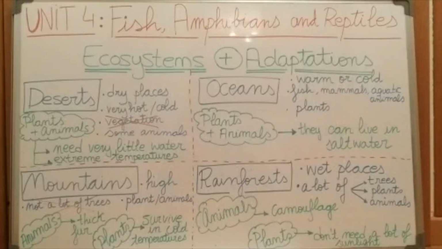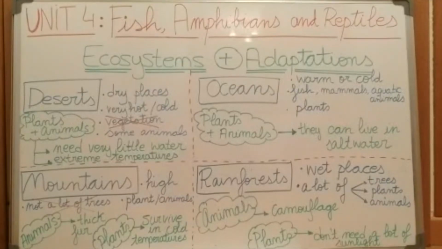Okay? And we are also going to talk about how living and non-living organisms adapt themselves to live in that place. Why? Because it's not the same for living organisms to live in a desert, in an ocean, in a mountain, or maybe in a rainforest.